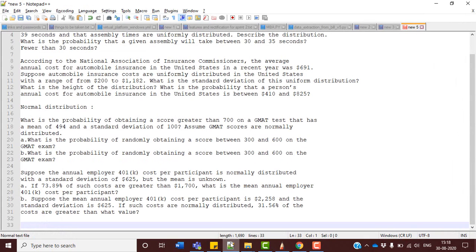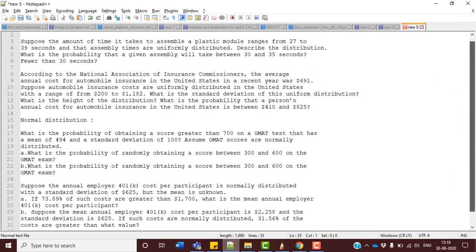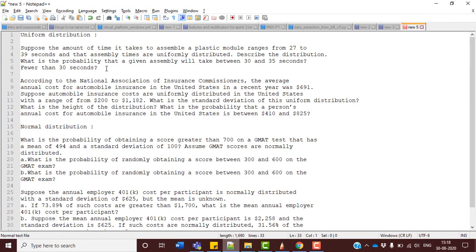Let's look at one example. Suppose the amount of time it takes to assemble a plastic module ranges from 27 to 39 seconds, and that assembly times are uniformly distributed. Describe the distribution, right?